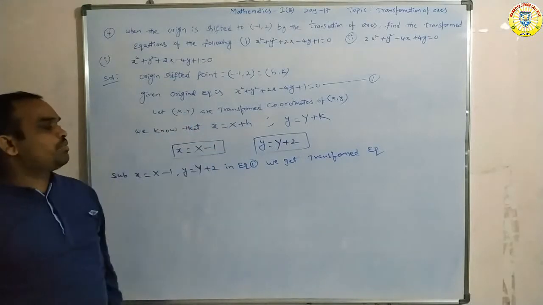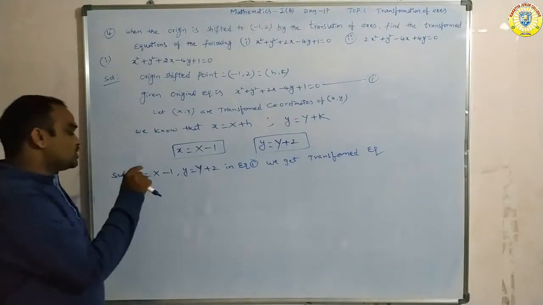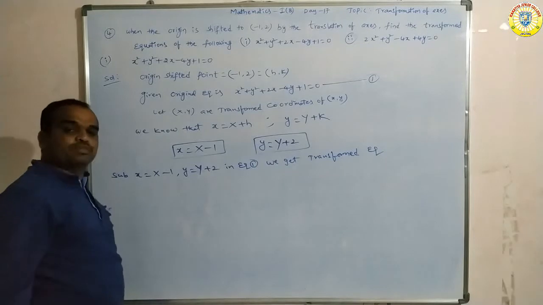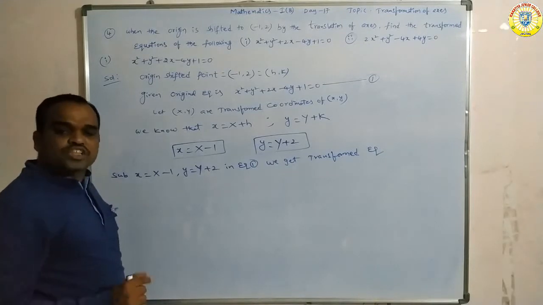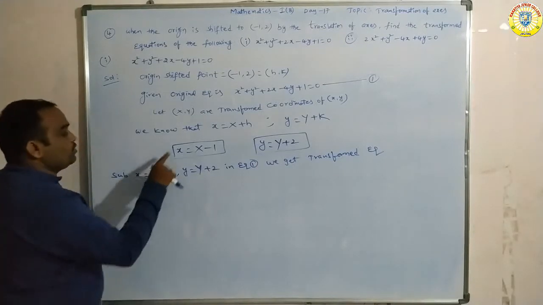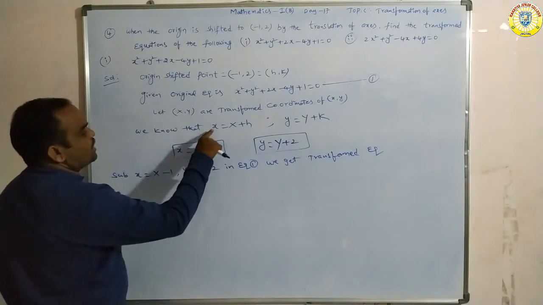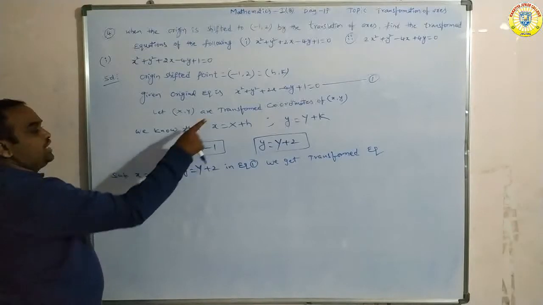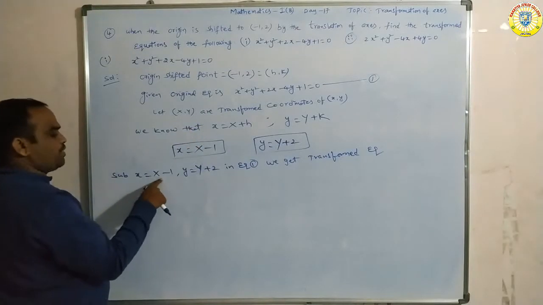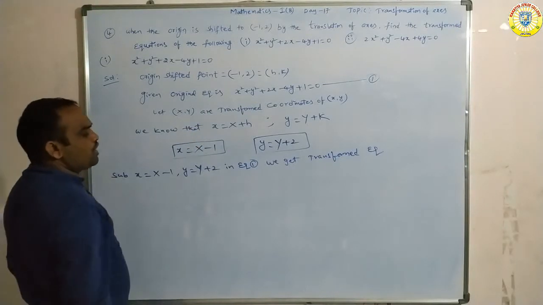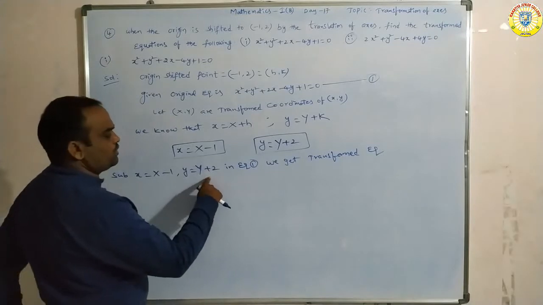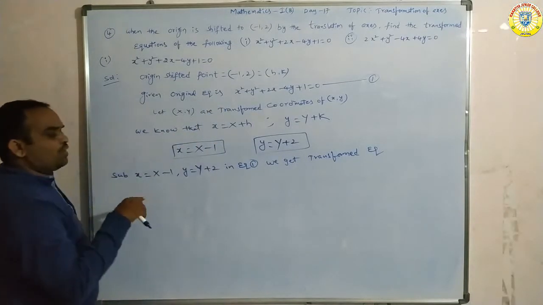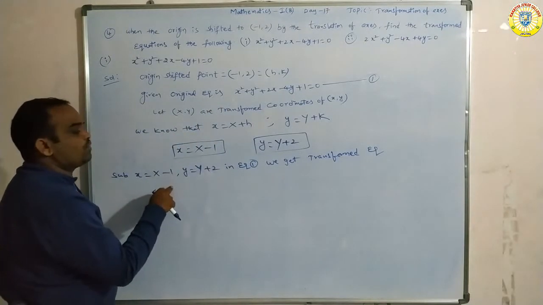Capital X comma capital Y. So we are expressing the old coordinates in terms of the new transformed coordinates, using the relation x is equal to X plus h, y is equal to Y plus k. When we substitute small x is equal to capital X minus 1, small y is equal to capital Y plus 2, the original equation is converted to the transformed equation.